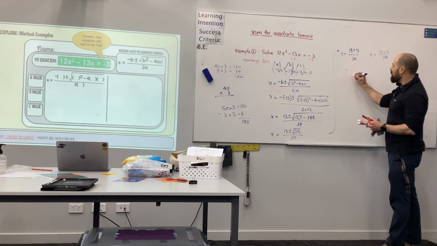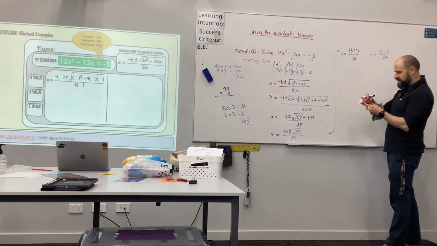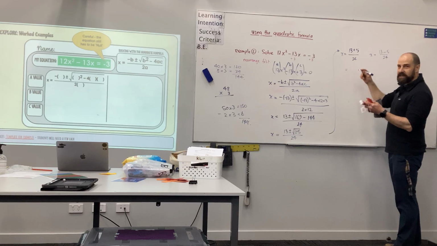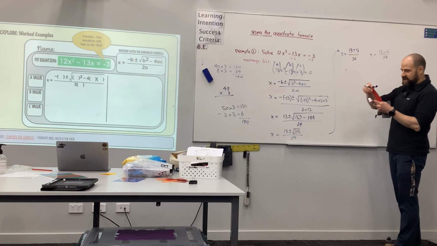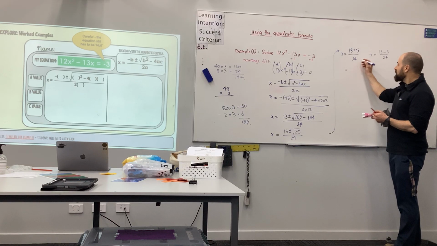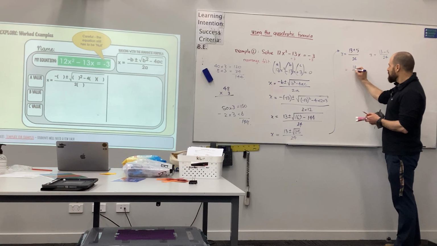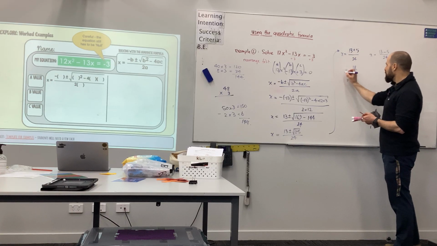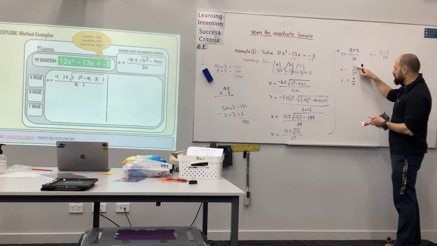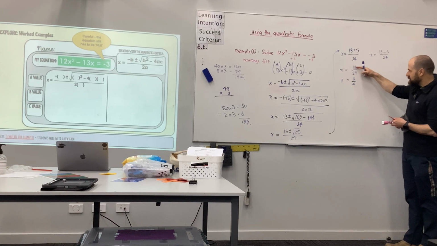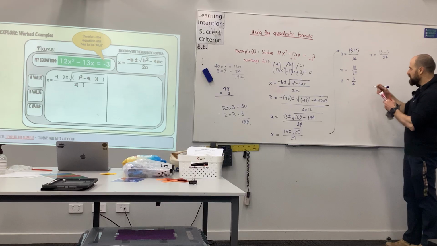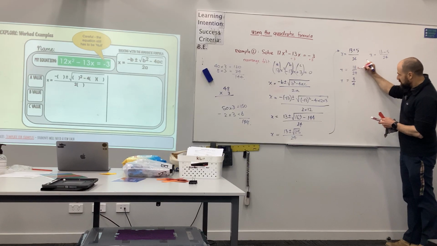And 13 plus 5 is what, Chaz? 18. And 18 on 24 simplifies to what? 3 over 4. Good, because 6 goes in there 3 times, 6 goes in there 4 times. I just divided both by 6.